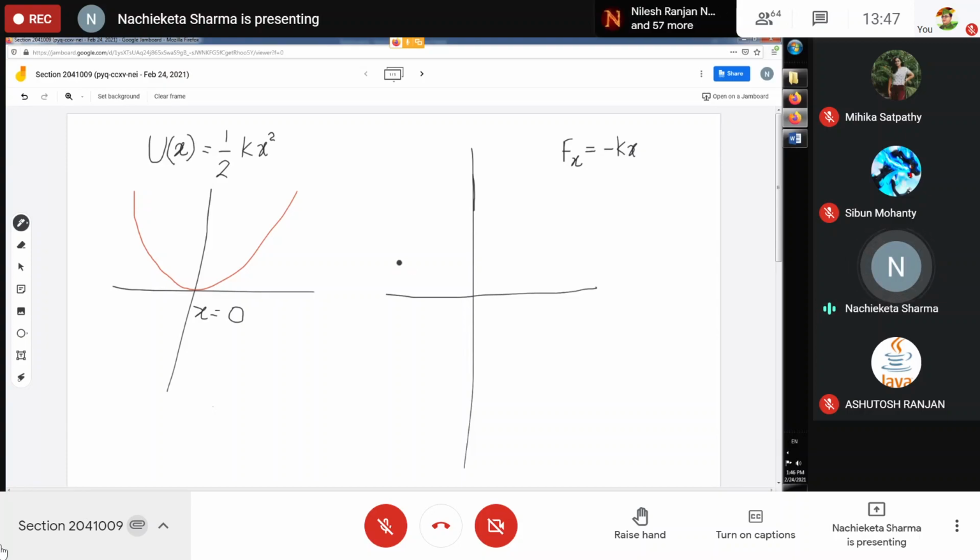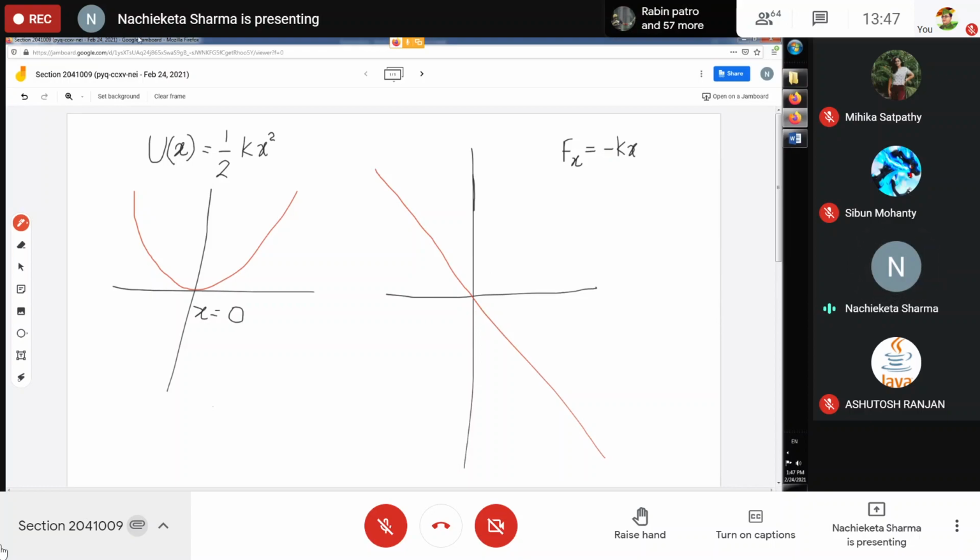So that can only happen for this graph in the second and the fourth quadrant. When x is negative, Fx becomes positive, and when x is positive, Fx is negative.